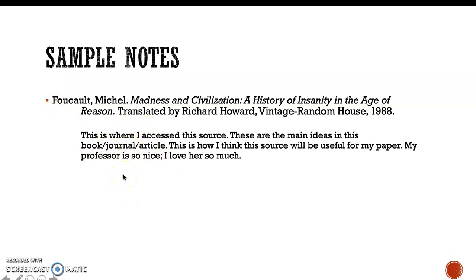So the goal is to streamline the process so that you're not spending hours and hours redoing work that you might have already done. In this paragraph, you might include where you found the source, what the main ideas were in the source, and how you think the source will be useful for your paper, right? So that'll help you later as you get into the drafting stage.